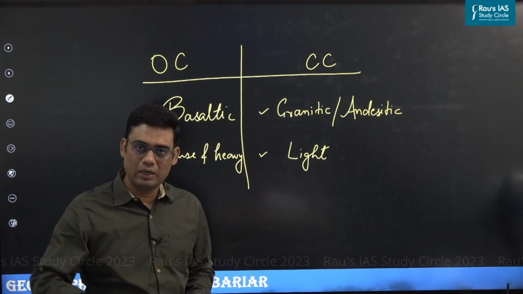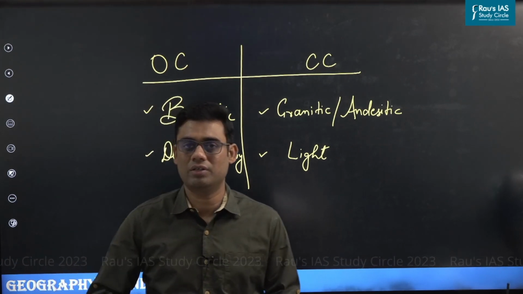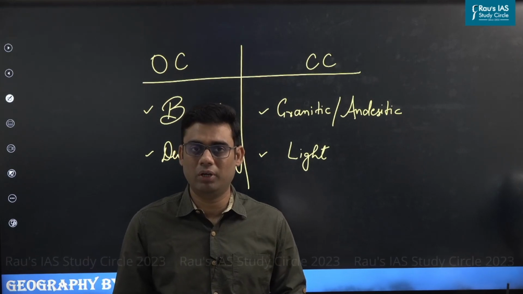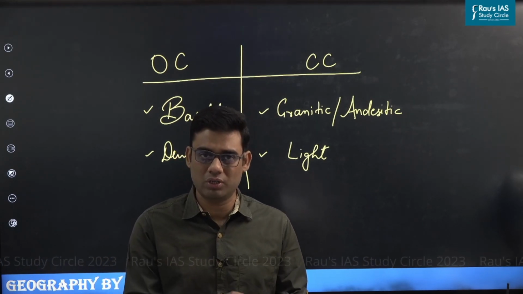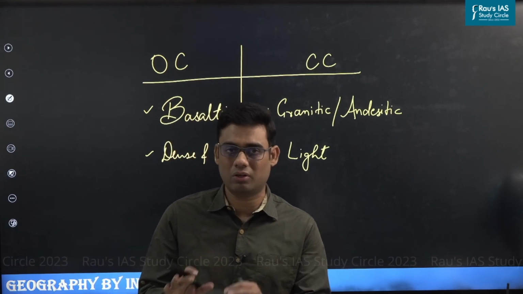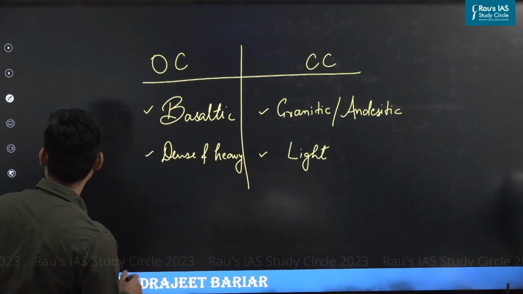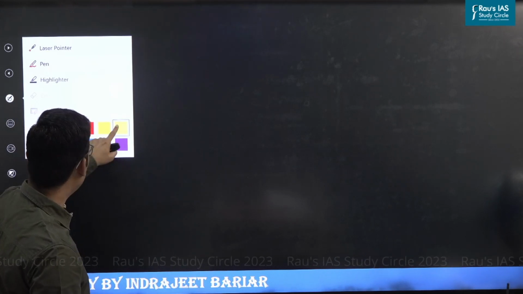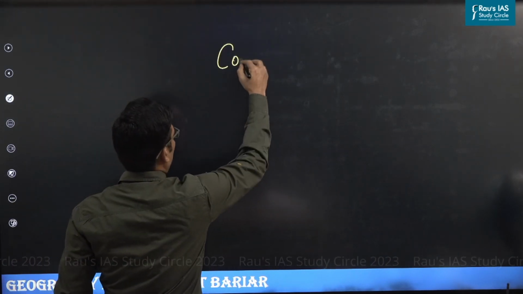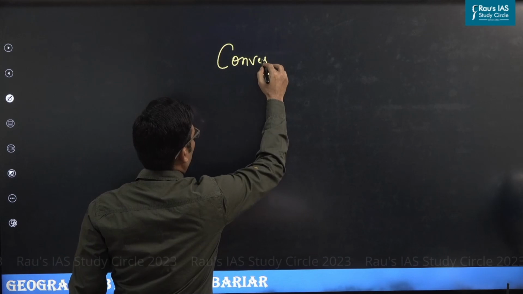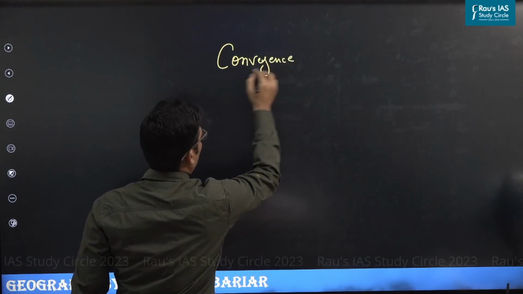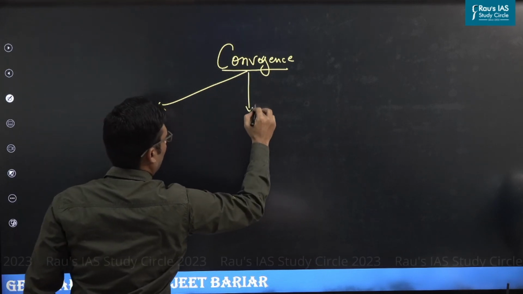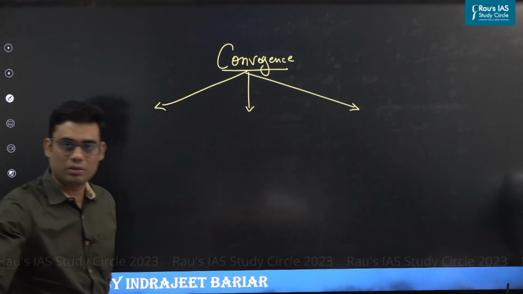So when convergence is taking place, the phenomena depend upon whether it is oceanic crust or continental crust. Convergence can be identified as three possible combinations.